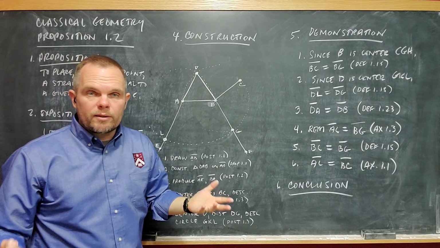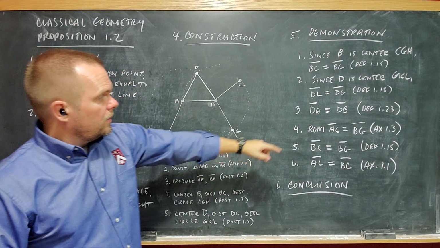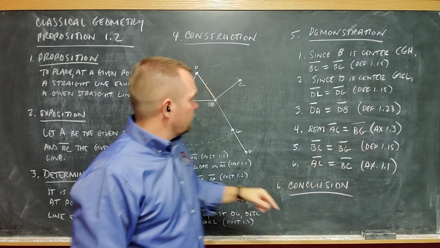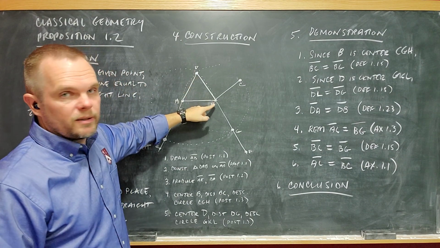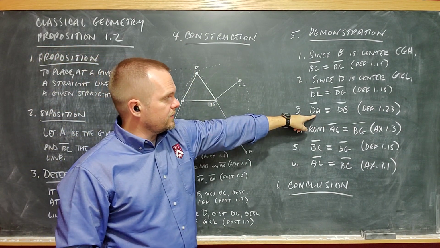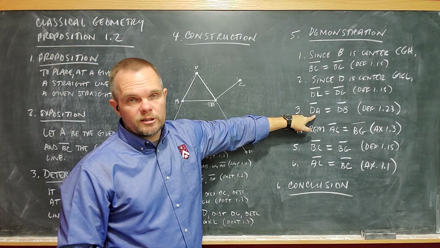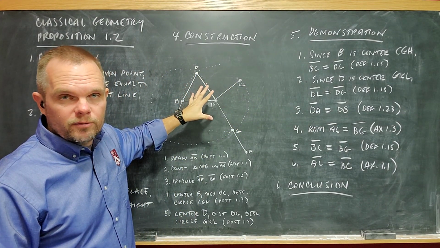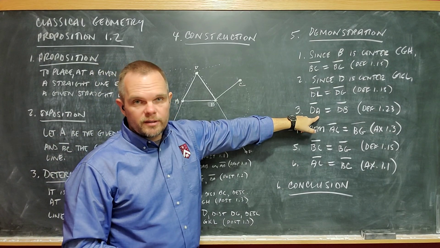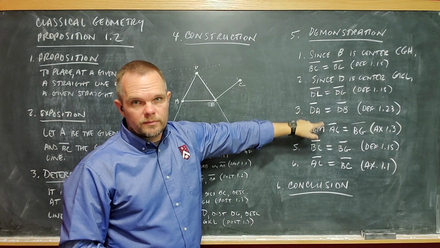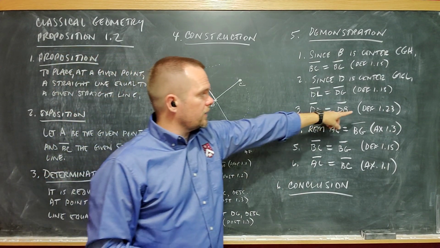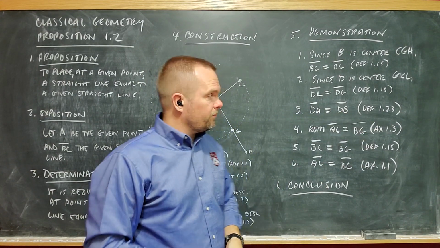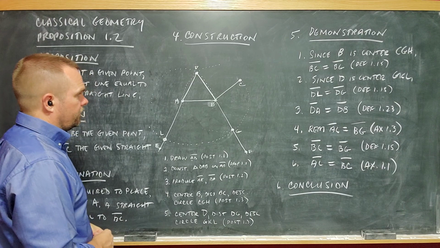Since it's an equilateral triangle, by the definition of an equilateral triangle, the sides must be equal. Therefore, DA must be equal to DB, even if they don't look equal in our diagram. By definition, they're equal. By definition of an equilateral triangle, definition 1.23. All right, that's our third point.